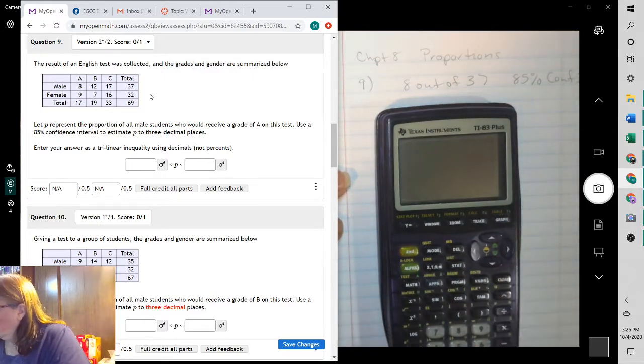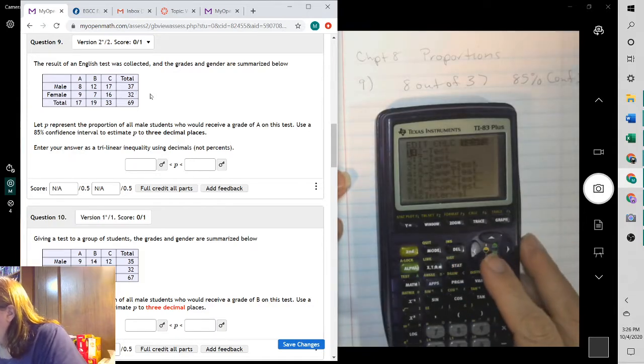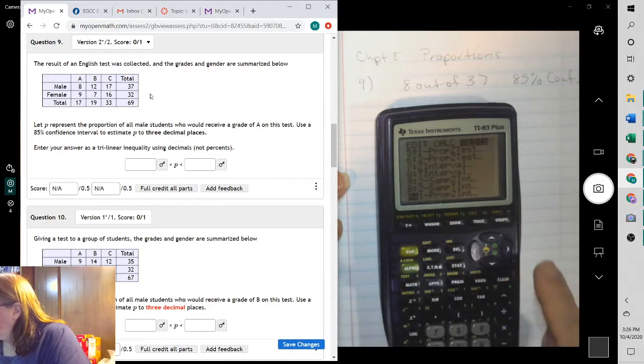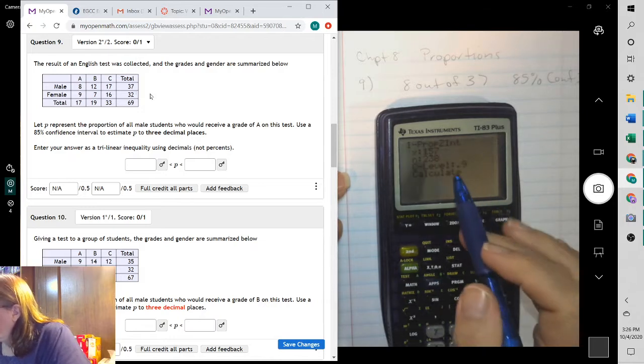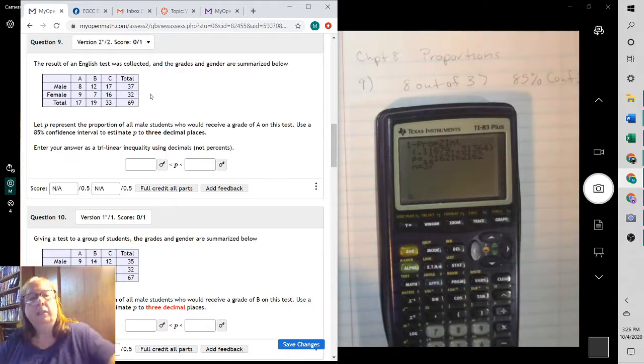So we want to go to stat, test, and we want proportion, which is right there, 1 sample proportion. And then we put in X, which is 8 of them out of the 37, and we wanted an 85% confidence interval.